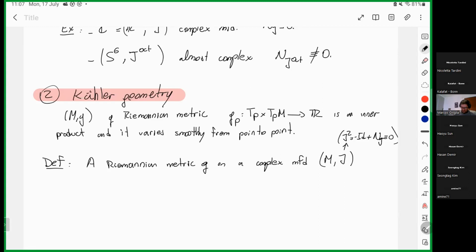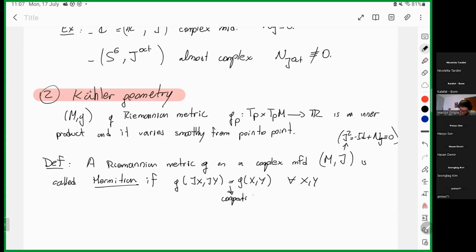A Riemannian metric on this complex manifold (M, J) is called Hermitian if it satisfies a compatibility condition with J: the metric on JX, JY is the same as the metric on X, Y for any X and Y. This is the compatibility condition.